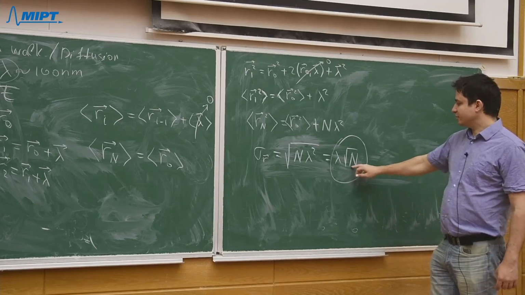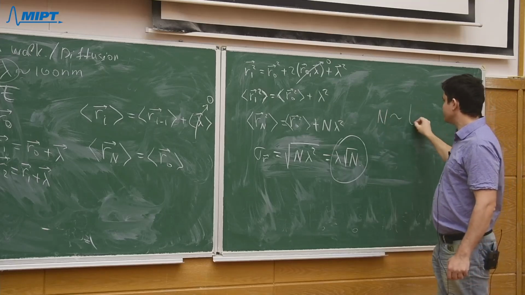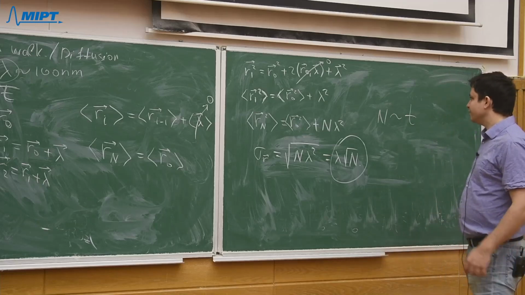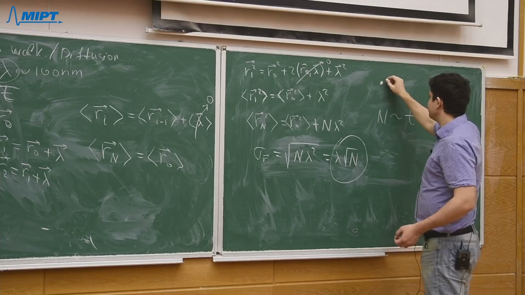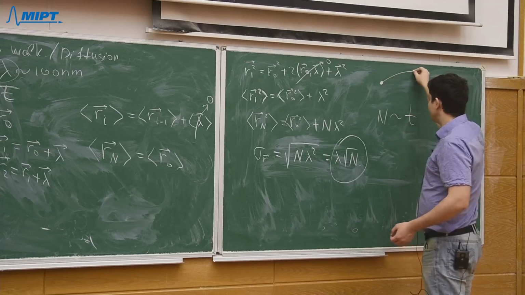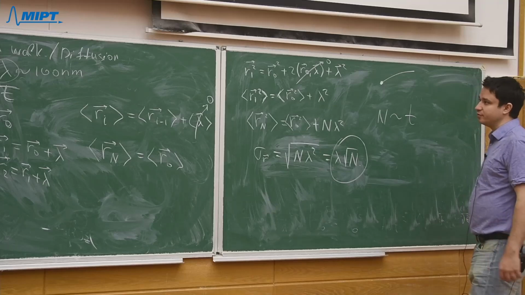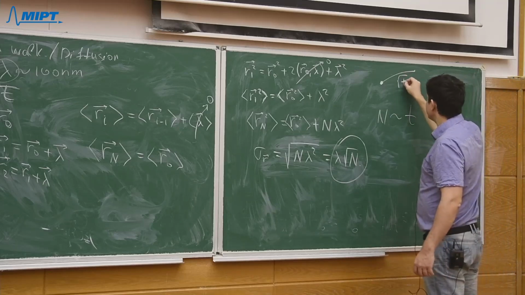Actually, this n is proportional to the amount of time passed from the very beginning. So this law says that the average, let's say root mean square distance from the initial point for the particle which undergoes the diffusion, the random motion, is proportional to the square root of t.